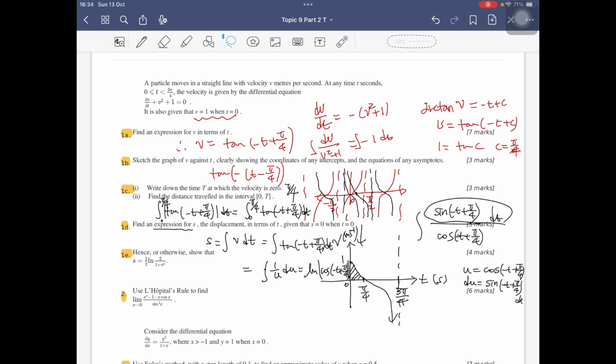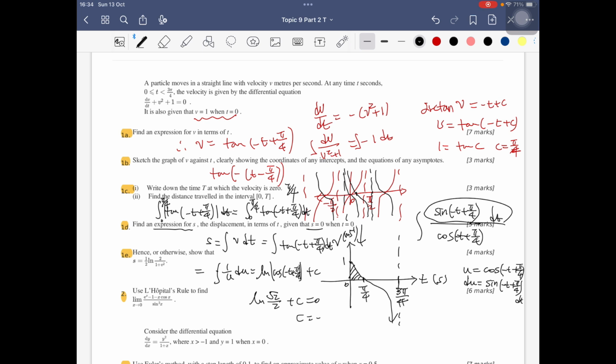plus c. Now s equals 0 when t equals 0. So ln cos pi over 4, which is square root of 2 over 2, plus c equals 0. So c is negative ln square root of 2 over 2.